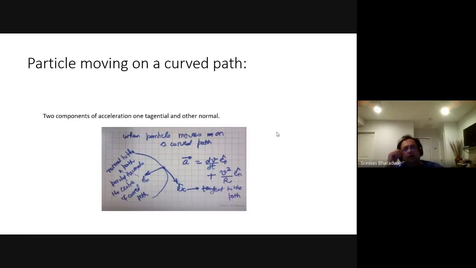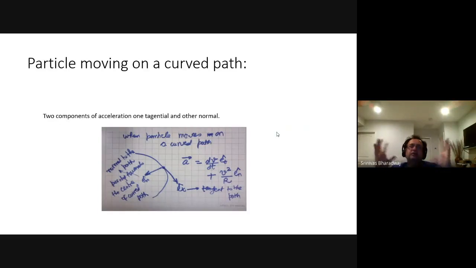Now I'm talking to you about the two components of acceleration. One is the normal component or radial component, then there's the tangential component. An object in uniform circular motion has no tangential component. The radial acceleration is v square by r, as you know. Therefore, for an object in a generalized curved path, you have A equals dv by dt times et plus v square by r en.